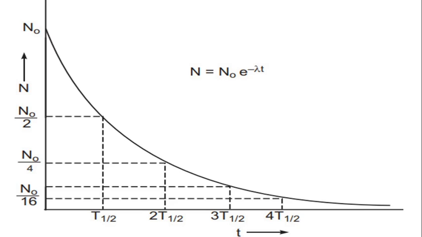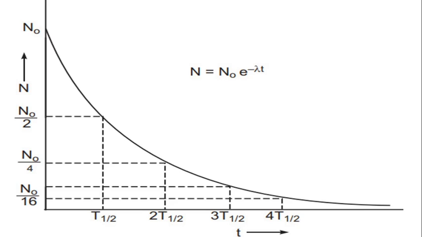That means after two half-lives, N0 by 4 radioactive nuclei are left. And so on. Again here you can check for 3 half-lives. So what happens? N0 by 8. After 4 half-lives, it will be N0 by 16.